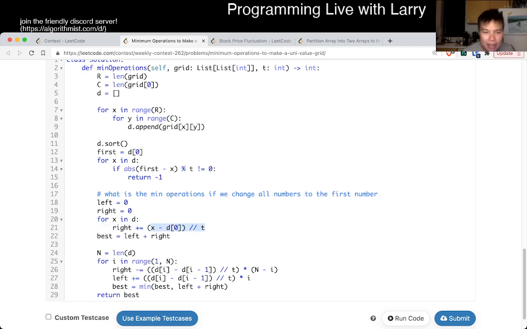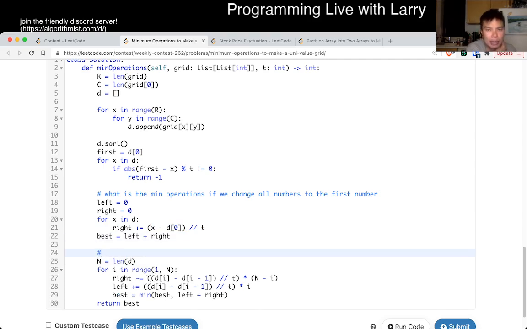And then here we do something that I think we went over either last week or in a recent Leetcode daily problem, which is: what is the min operations if we change all numbers to the ith number?